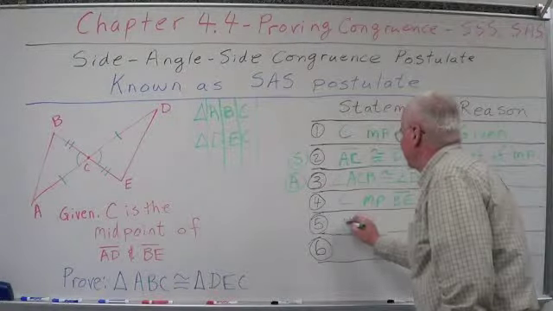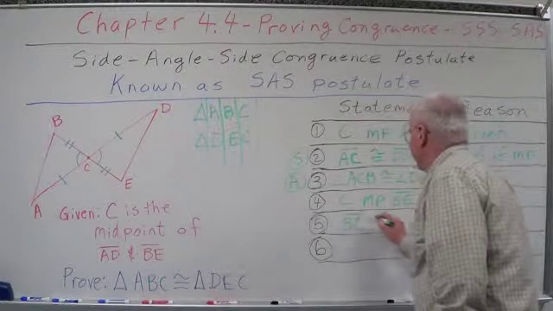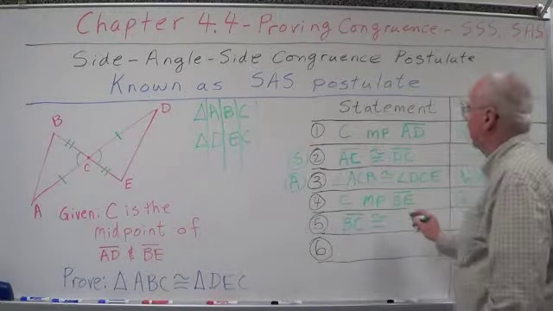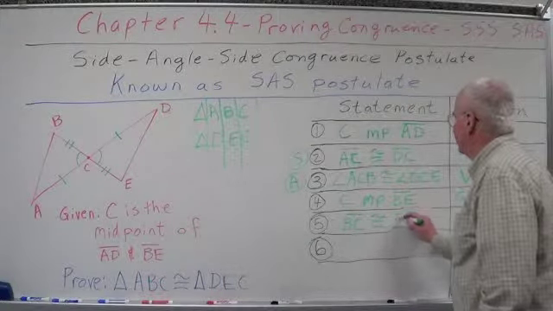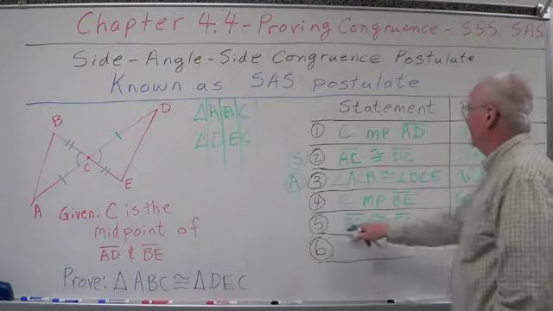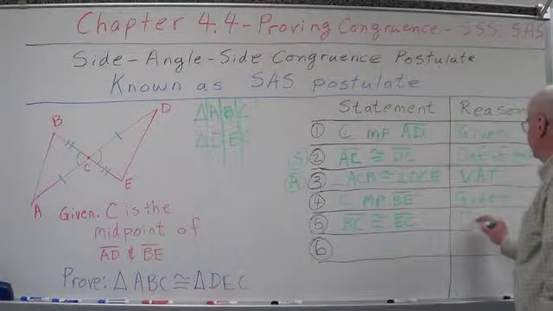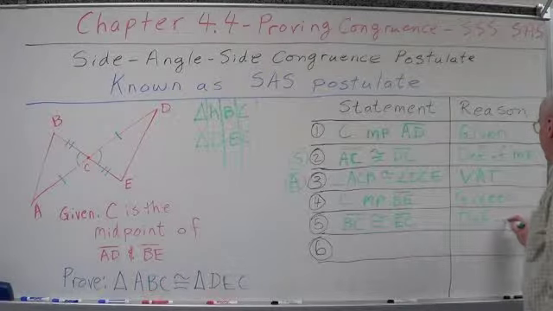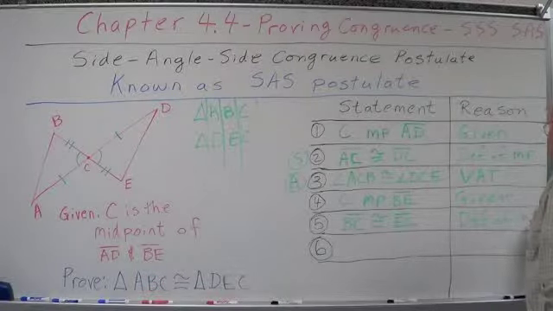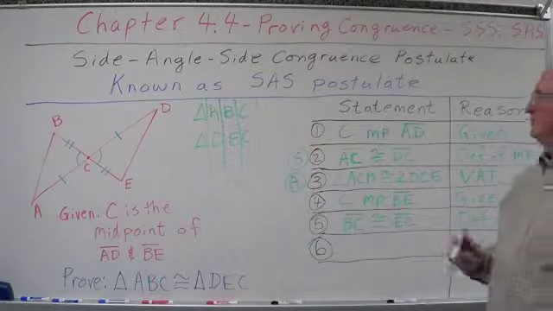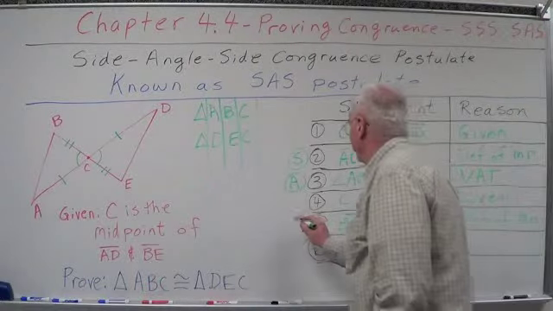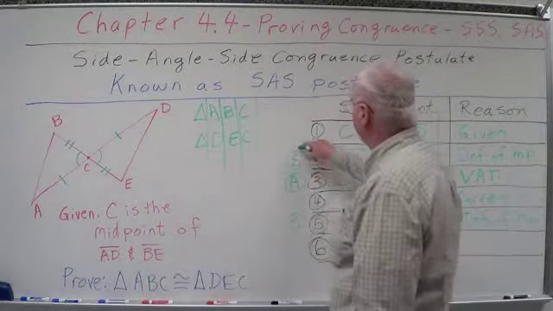What does that given tell us? That given tells us that segment BC is congruent to segment EC. Why? Because E and B are corresponding. Same reason as up above, definition of midpoint. So what does that lead us to? Oh, by the way, there's our side. Look at that.